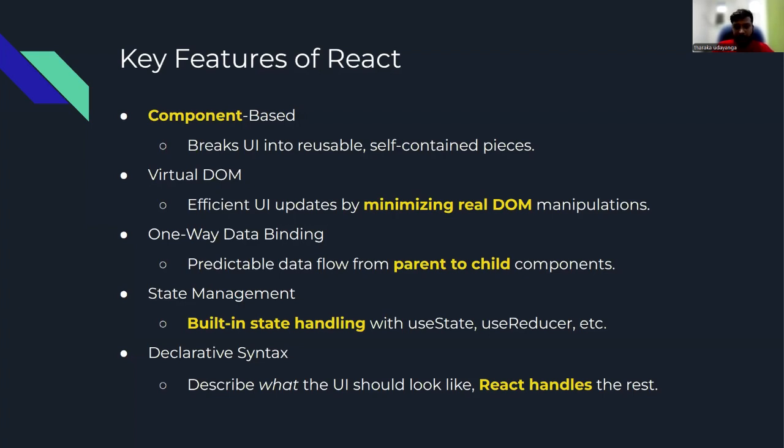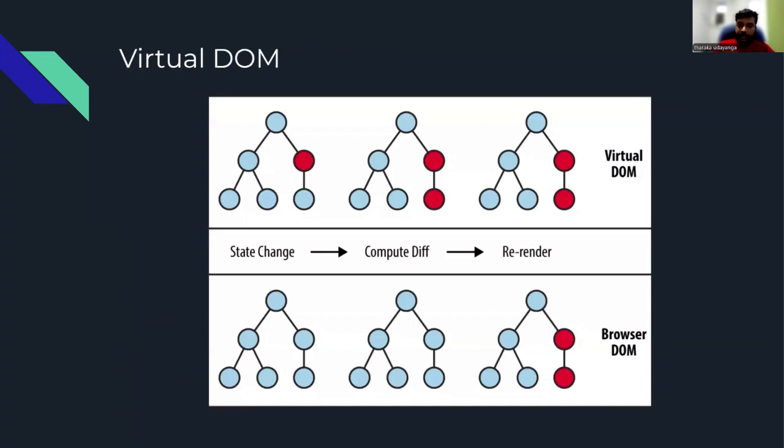These are hooks. We can manage the state with these hooks. And there is also a concept like setState in class components. We can learn about that as well. And then the declarative syntax: we need to tell React what it should look like, and then React handles the rest.